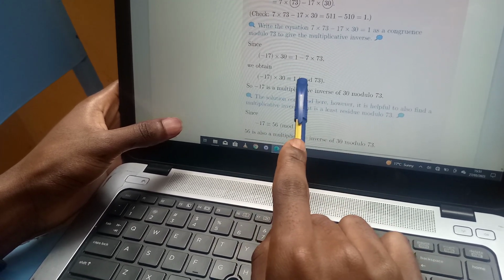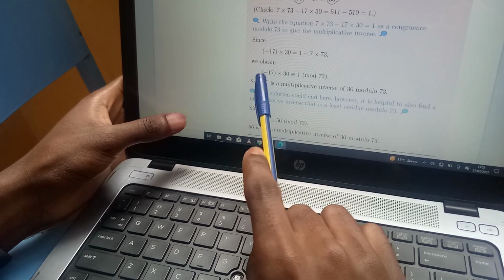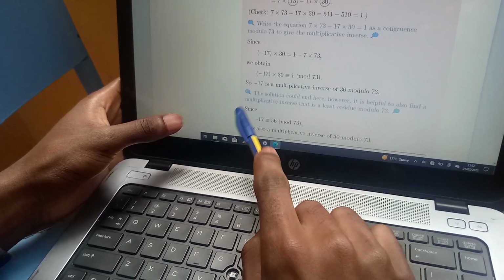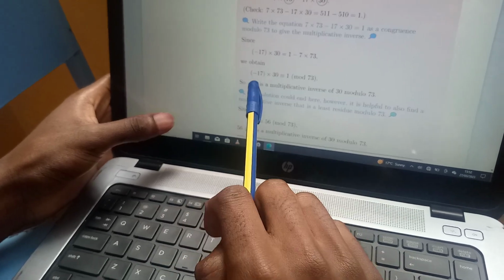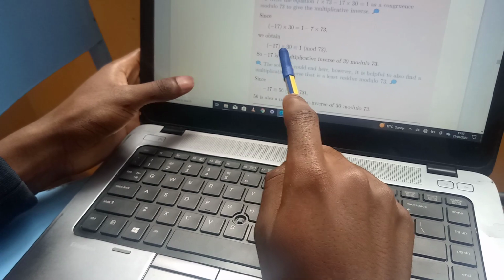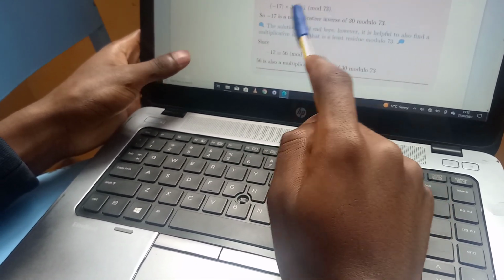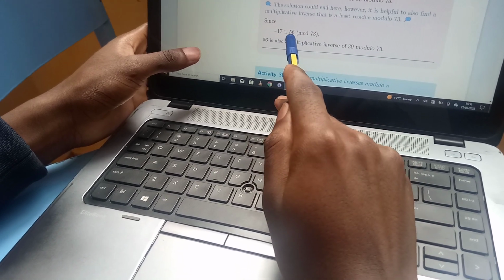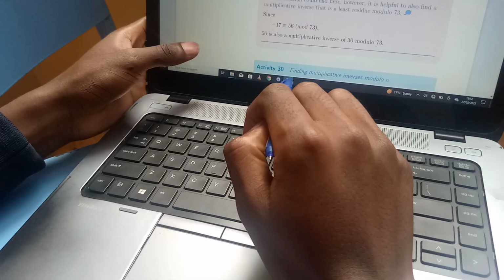And in this case, after rearranging the equation, negative 17 becomes the modular inverse. But if you take a closer look at this negative 17, it is not the least residue in that class. So you have to find the least residue using negative 17 modulo 73. That gives you 56, which is the multiplicative inverse of A and n.